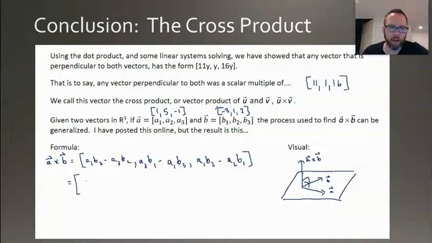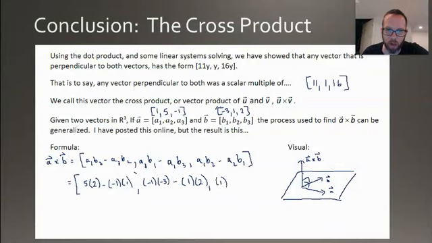All right, so a2 is 5, b3 is 2, minus negative 1, b2 is 1. And then we have negative 1 times negative 3 minus a1 is 1, b3 is 2, and then a1 is 1, b2 is 1, minus a2 is 5, and b3 is 2.